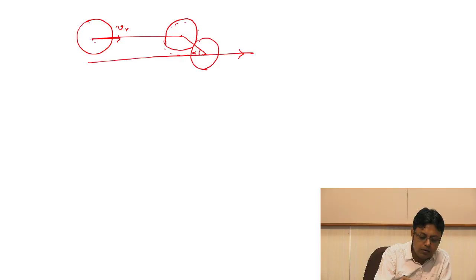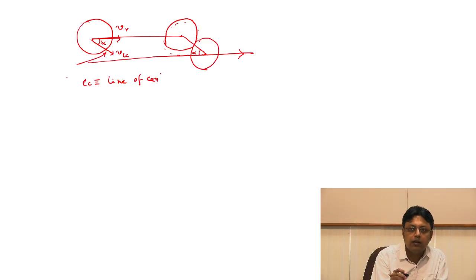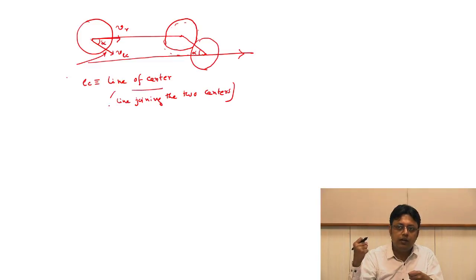If this is alpha, the component of the velocity along this line, which I'm calling VLC, where LC means line of center, is the component of the velocity along the line joining the two centers. There the energy will be transferred.